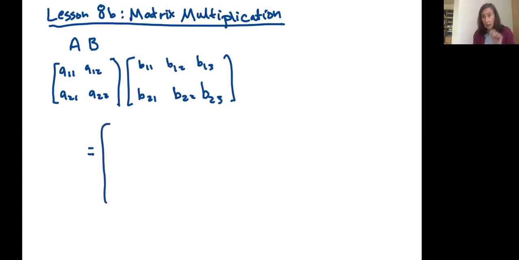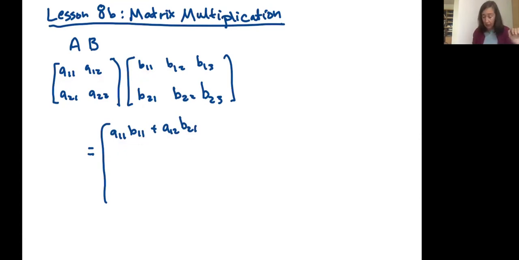So it's going to be A11 times B11 plus A12 times B21. Okay, so I've got my elements of the row of the lead and the column of the lag, and I've multiplied them and added them up, and that's the first element of the product.